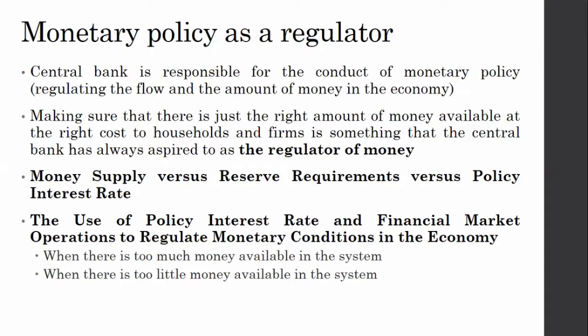It can support. How? By purchasing government bonds. When the central bank purchases the bonds from the commercial banks, it will pay the money to the commercial banks. Then the money goes from the central bank to the commercial banks, so that they inject the money into the system, right?